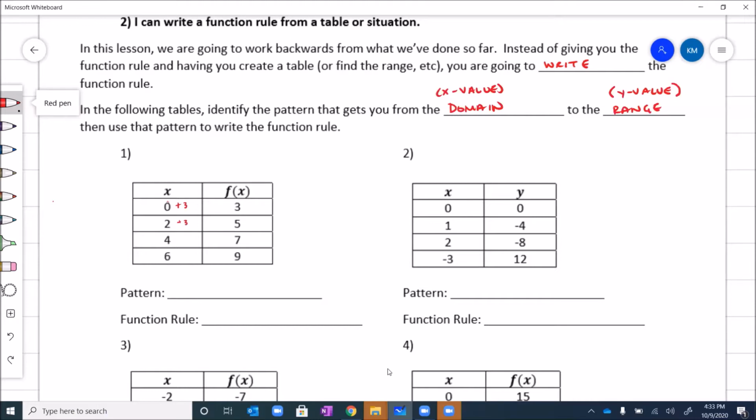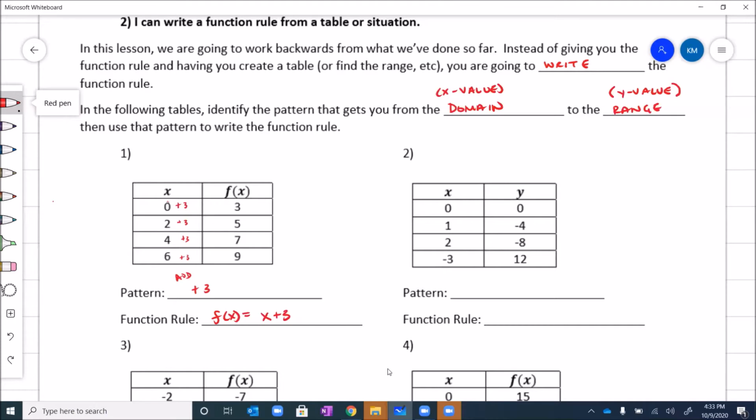Does that work for my next value? 4 plus 3 gives me 7. It does. My rule is add 3, or you can say plus 3. It really doesn't matter here; this is more of a thought process. Our function rule says f of x equals x plus 3. This is our function rule for this table.